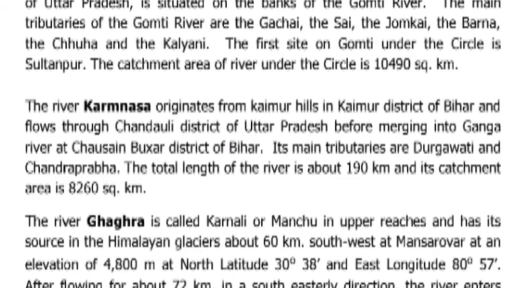The river Ghagra is called Karnali or Mapcha in upper reaches and has its source in the Himalayan glaciers about 60 kilometers southwest of Mansarovar at an elevation of 4,800 meters at north latitude 30.38 and east longitude 80.57. After flowing for about 72 kilometers in a southeasterly direction, the river enters Nepal territory.